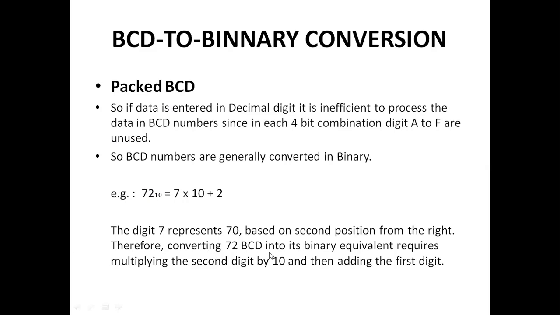So converting this 72 BCD into its binary equivalent requires the multiplication of 10 with the second digit and then adding the first digit. Because the weight of this position is 2 into 10 to the power 0, and this is 7 into 10 to the power 1.